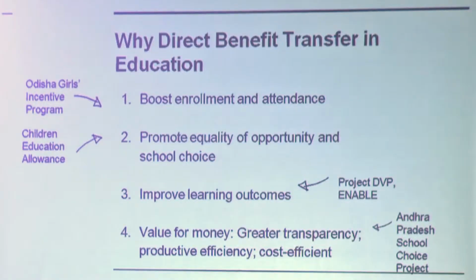These are examples in India that relate to some of the key aspects of the education challenge. We have one example which increases enrollment and attendance in schools. It comes from Orissa, the Orissa Girls Incentive Program, which gives about 3,000 rupees a year on average to SC/ST girls.